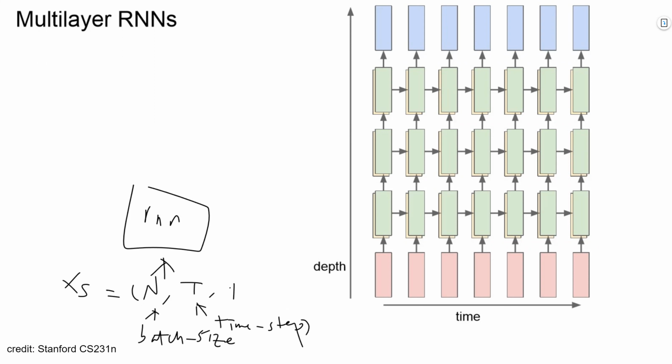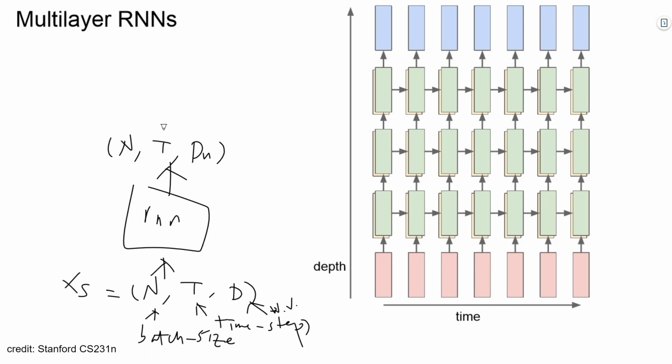And we also pass D, this encoded vector, let's say word vector. Then what we get after we pass through RNN is the same number of batch and the time index and the dimension of hidden size.